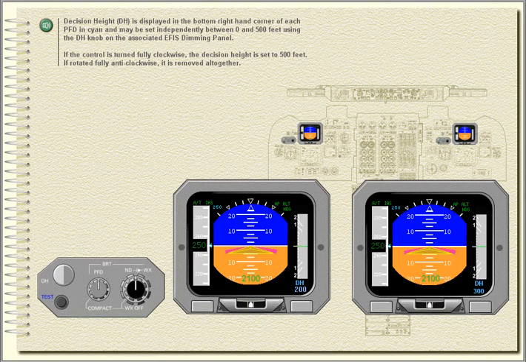If the control is turned fully clockwise, the decision height is set to 500 feet. If rotated fully anti-clockwise, it is removed altogether.